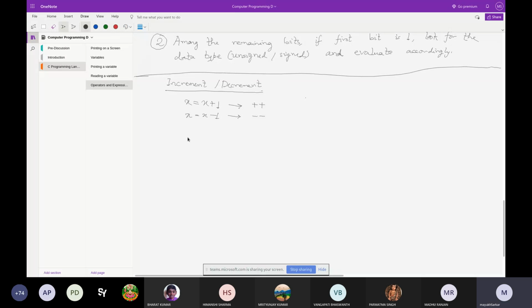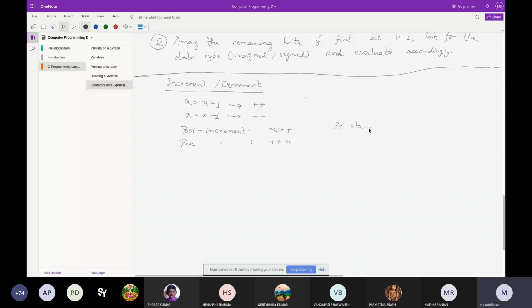There are two types of increments as well as two types of decrements. Either post increment, when you write it as x plus plus, or pre increment, when you write it as plus plus x. Now, as a standalone instruction, they are equivalent. Remember this.